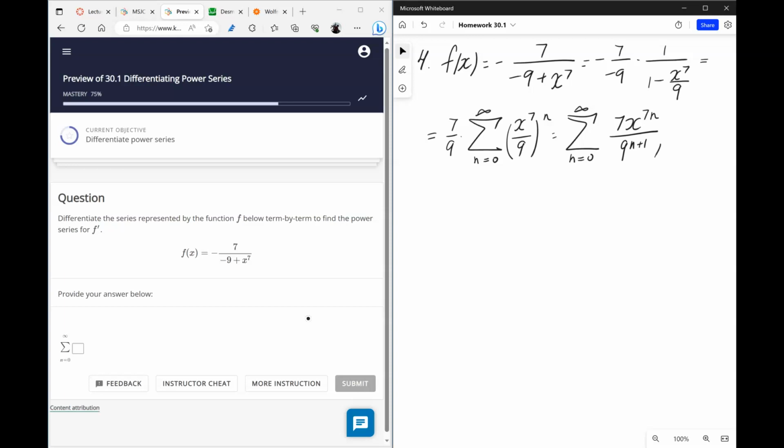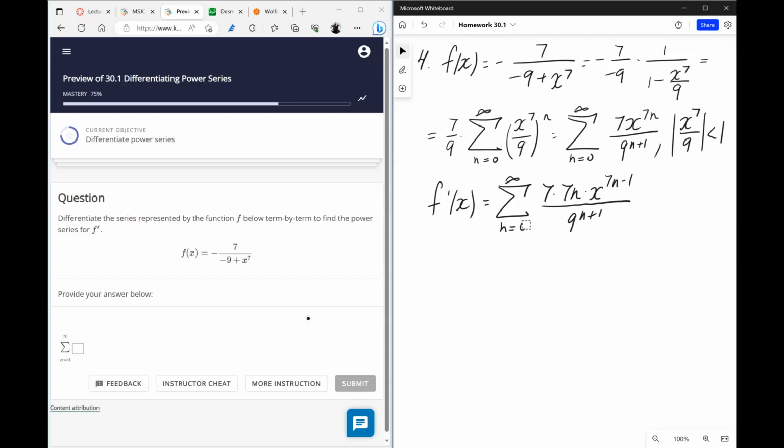And all of this is only true when this inequality is satisfied. Now we're going to find the power series for the derivative by differentiating this given power series term by term. So we have 7 times 7n, x to the power 7n minus 1, over 9 to the power n plus 1, and I'll do the right thing.